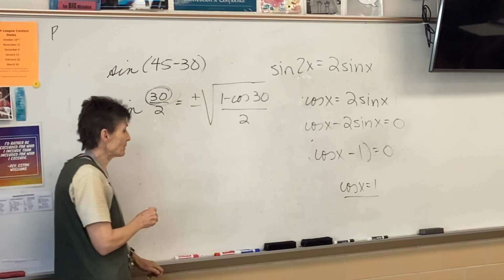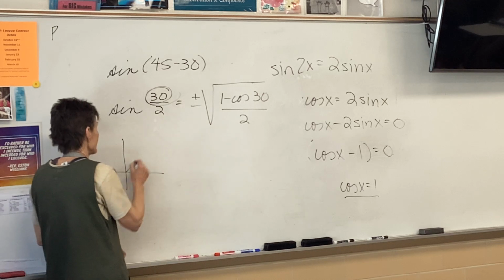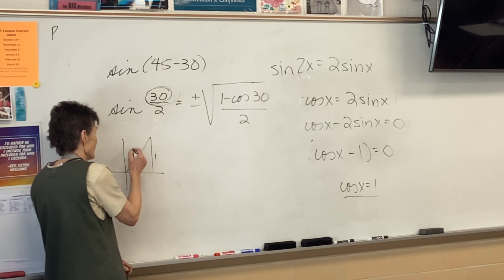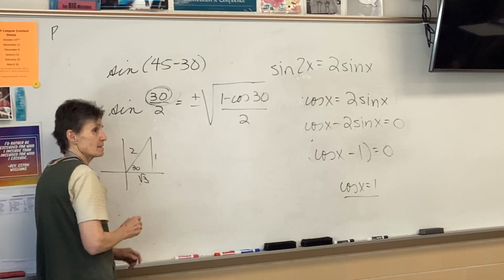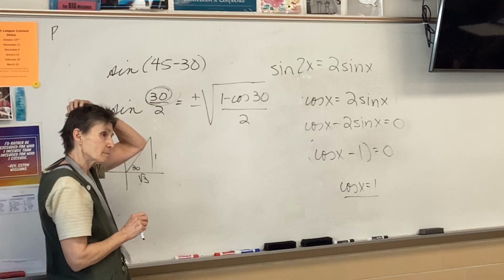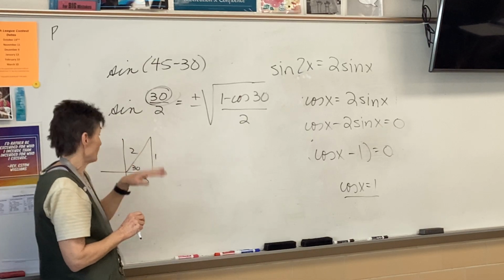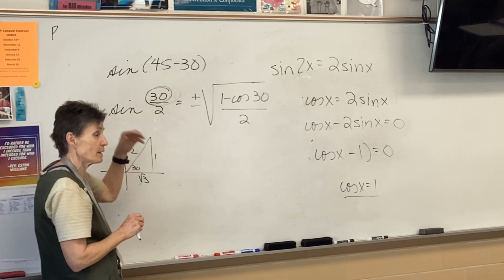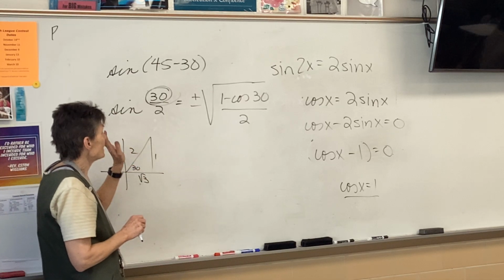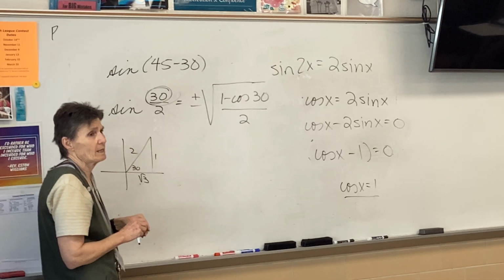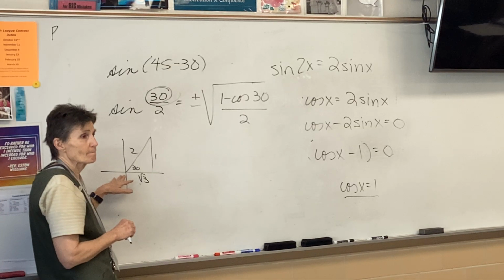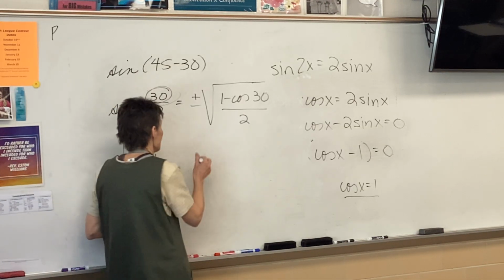Okay, so now I'm gonna find out what is the cosine of 30. So here's 30. The triangle looks like this. By the way, if you need to add that to your reference sheet, you can. So what is the cosine of 30? Root 3 over 2.